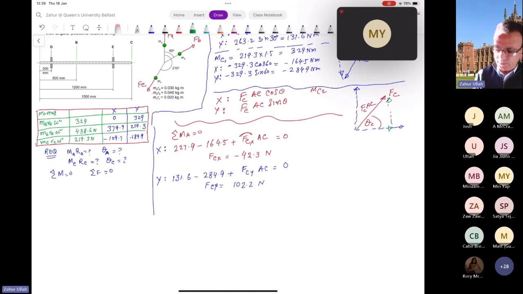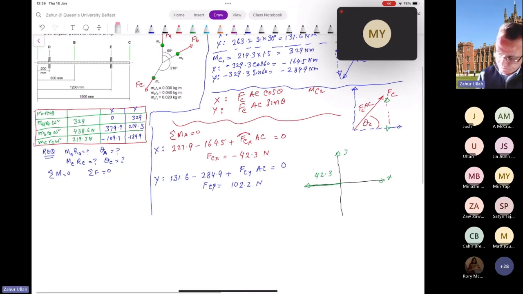So now you can draw the updated diagram. So this one will be the updated diagram. This is our X component, this is our Y component, and then this should be our 42.3 in the negative direction, and then 102 is in the positive direction.